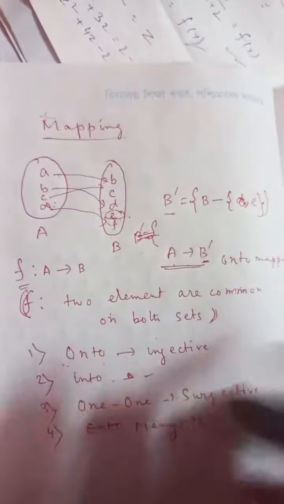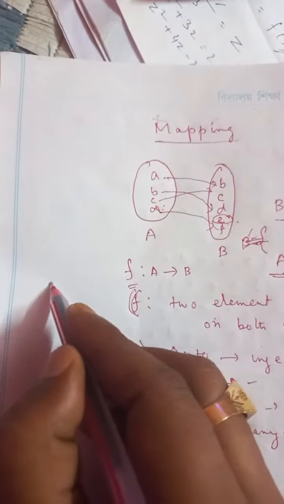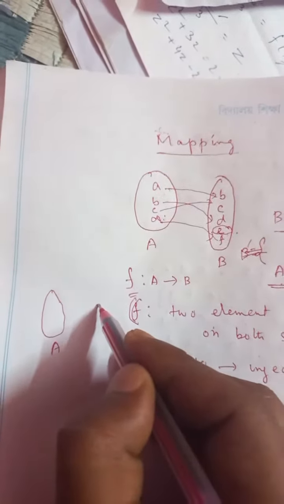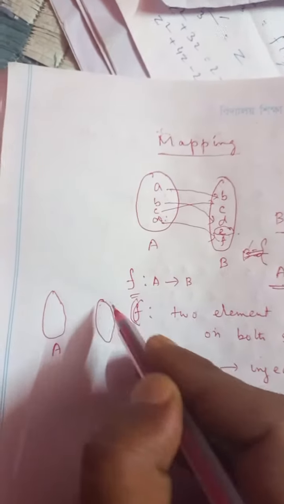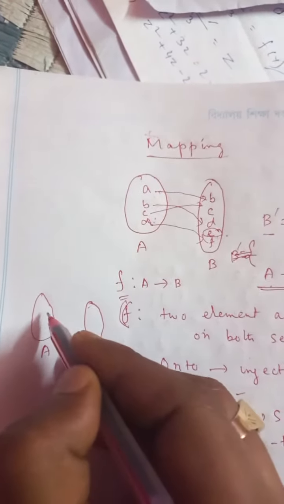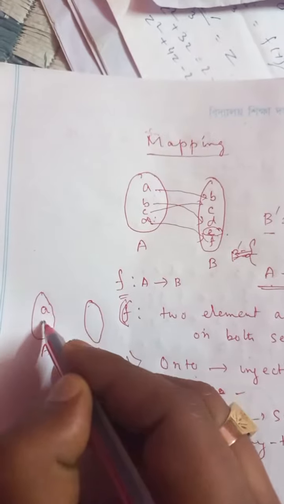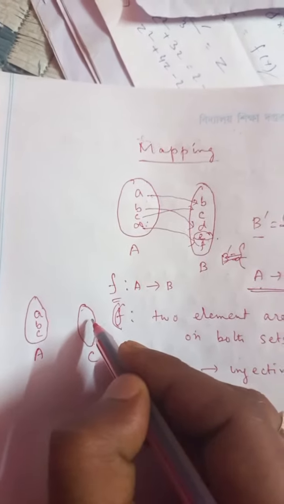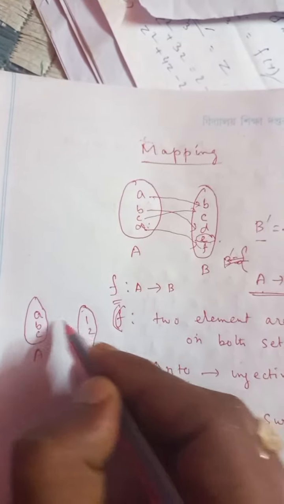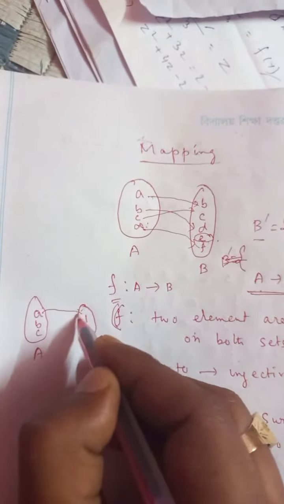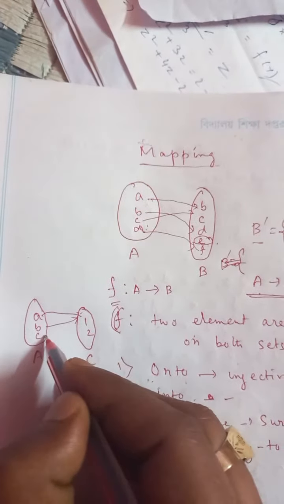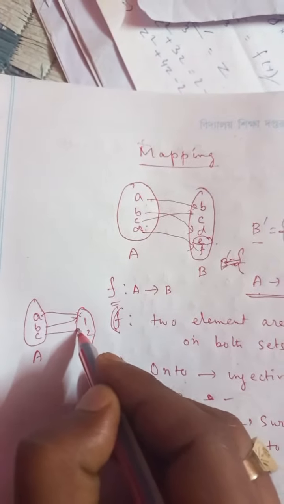And sometimes this can happen that from one set A and from another set B or C, we take in this way A, B, C. Here we are taking two elements 1, 2. So A and B map to the same element 1, and C maps to element 2.